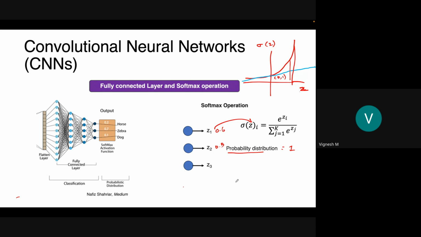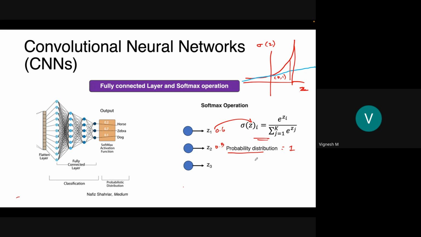It could be that the network is doing really well, but we are not able to amplify those differences and find it out. This allows us to do that, and that's the reason why this is used. So the small differences can get amplified and you can measure the network's performance in a much more reliable fashion.